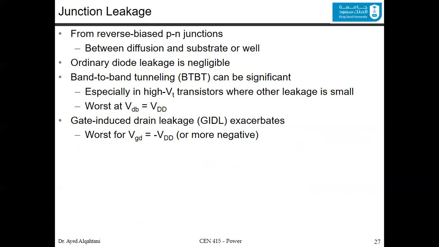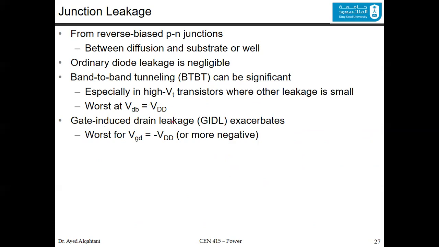Now for the junction leakage, we neglect it. It's because the reverse-biased junction between the diffusion and the substrate gives ordinary diode leakage that is negligible, as we mentioned. There are 2 sources. One is band-to-band tunneling, BTBT, which can be a little bit significant, especially if you have high V threshold.